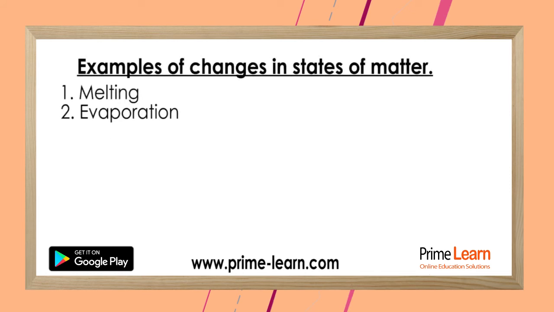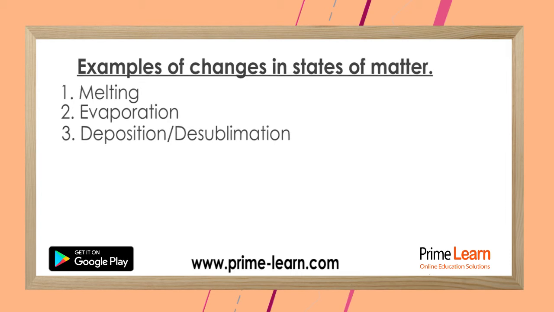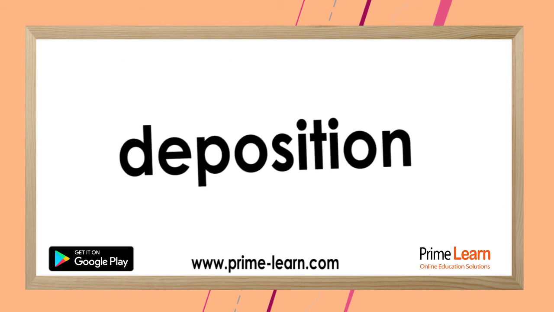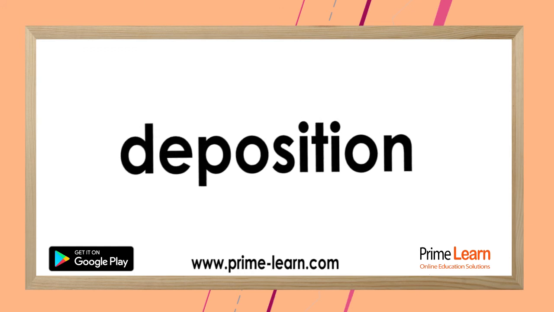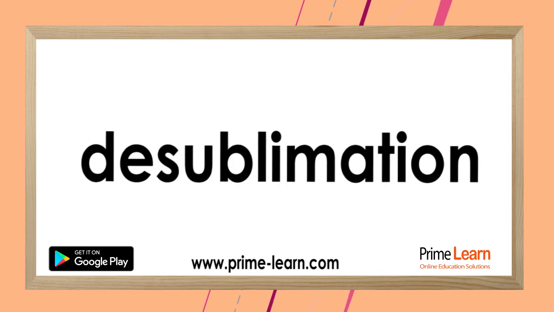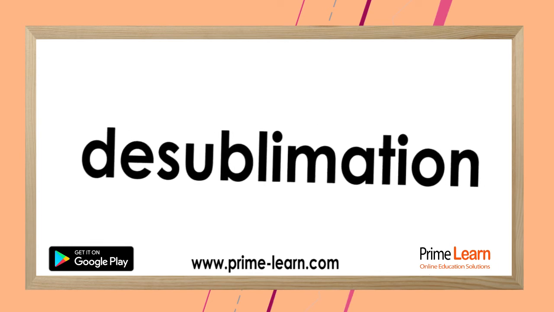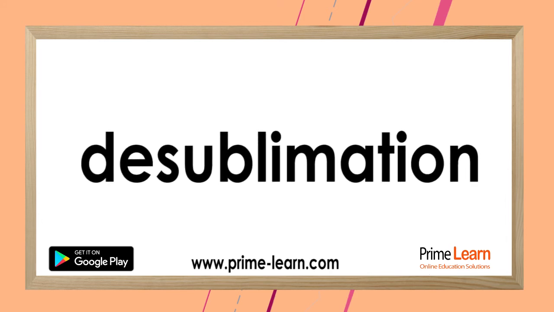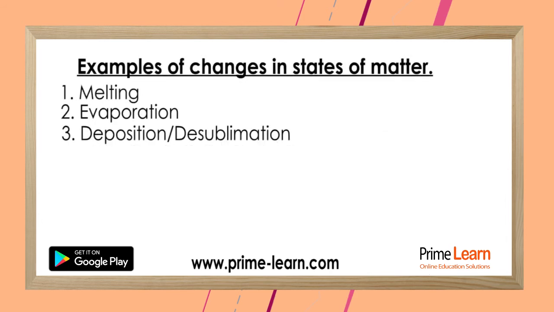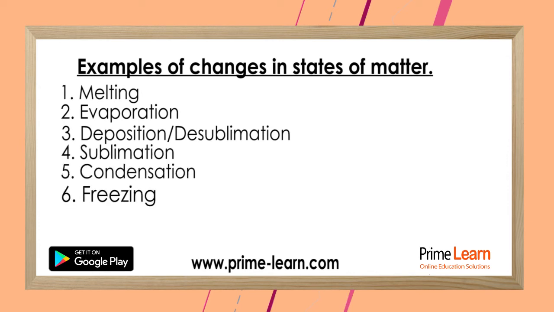We also have what we call deposition or desublimation. Deposition is spelled as D-E-P-O-S-I-T-I-O-N, or desublimation is spelled as D-E-S-U-B-L-I-M-A-T-I-O-N, desublimation. We have seen sublimation, condensation, freezing, to mention but a few.